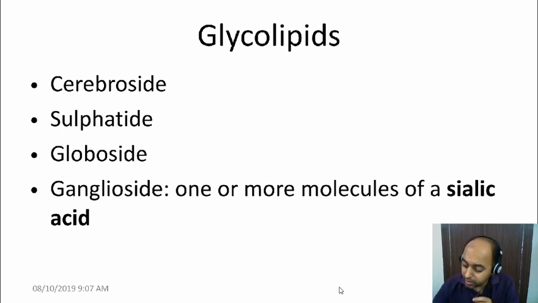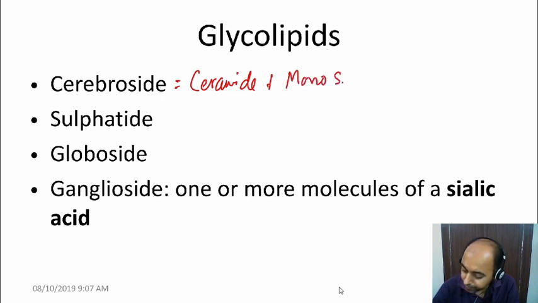In cerebroside, we have the ceramide plus a monosaccharide. In sulfatide, we have ceramide plus a sulfate plus a monosaccharide. In ceramide, we have attachment of sulfate and monosaccharide to give us the sulfatide.